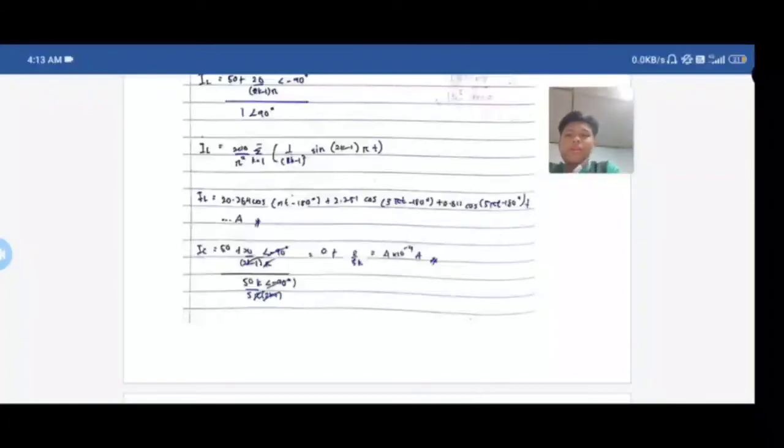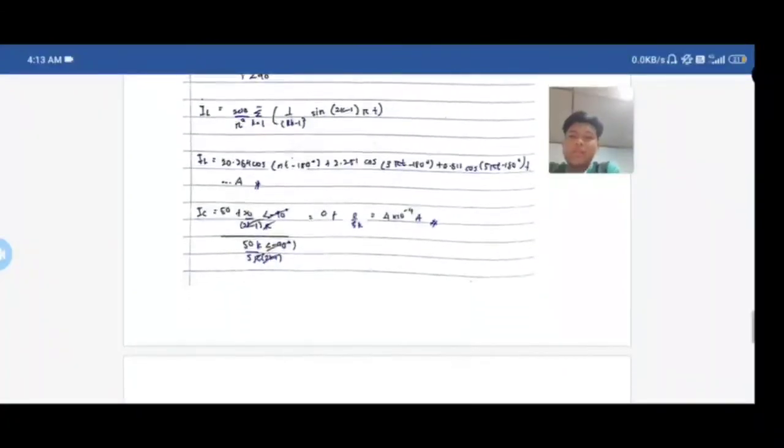And for the last current, at the capacitor, which is 50 plus 20 over 2k minus 1 pi, less than negative 90 degree, divided by 50k less than negative 90 degree over 5 pi 2k minus 1. So we cancel each other, and then we will get 0, which is the 50 minus 50.